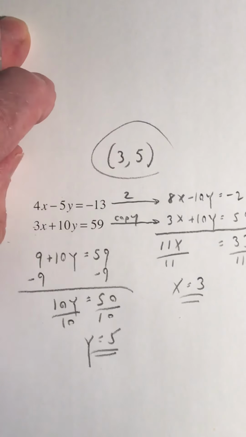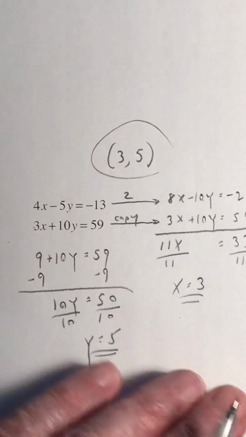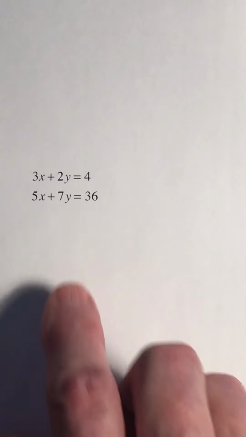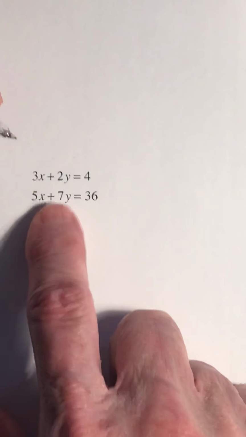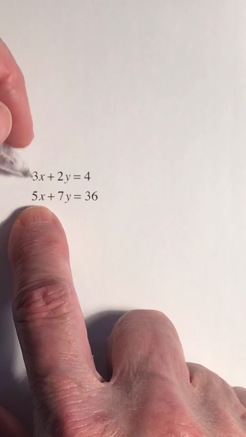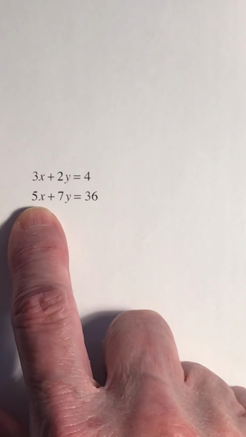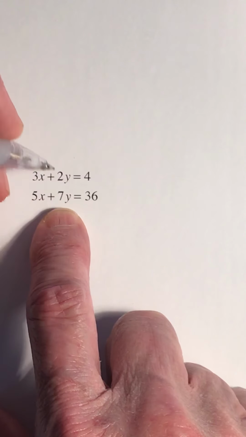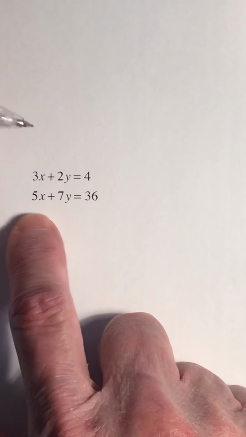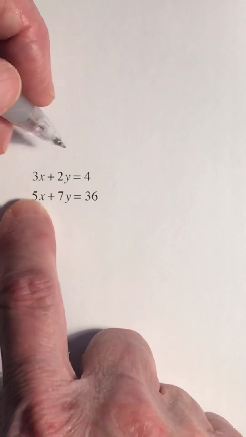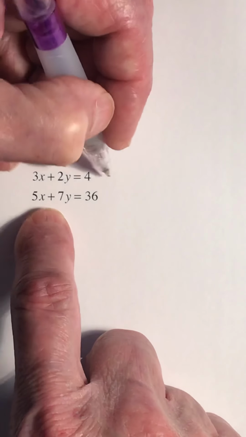Okay, and let's hit the fourth one on this page. 3x plus 2y equals 4, 5x. So we could get opposites here by getting a 15 and a negative 15, or we could shoot for a 14 and a negative 14. I'm looking at the least common multiple of the coefficients, I guess you'd say. So let's go with the 15 and negative 15.